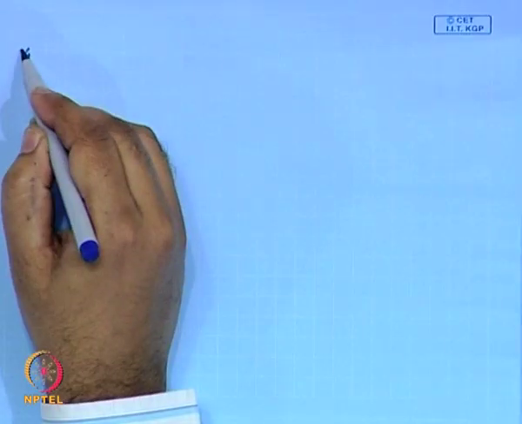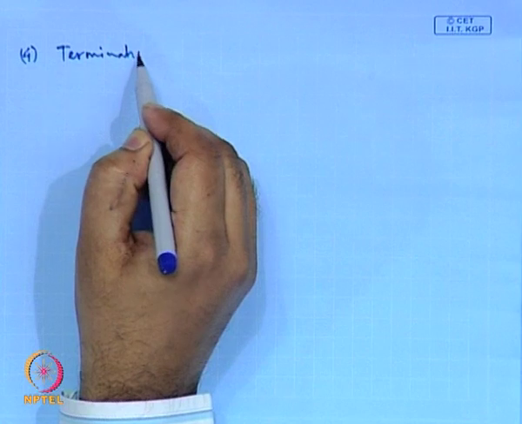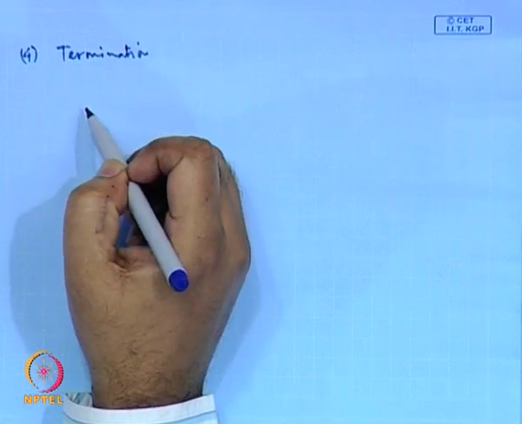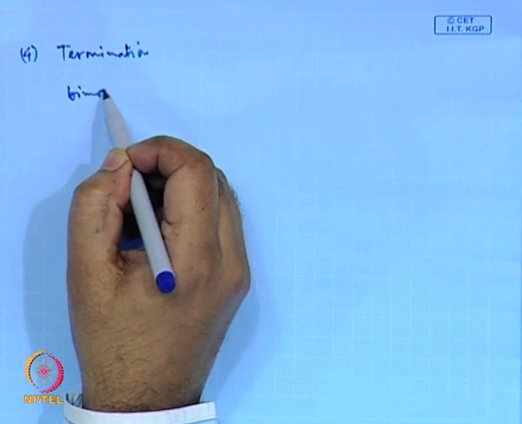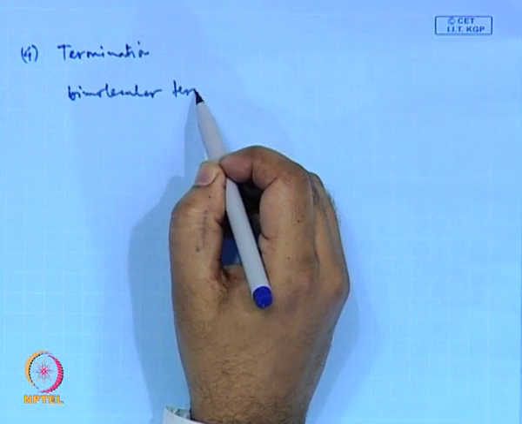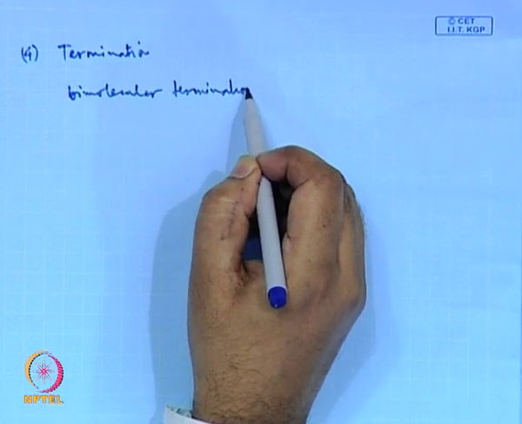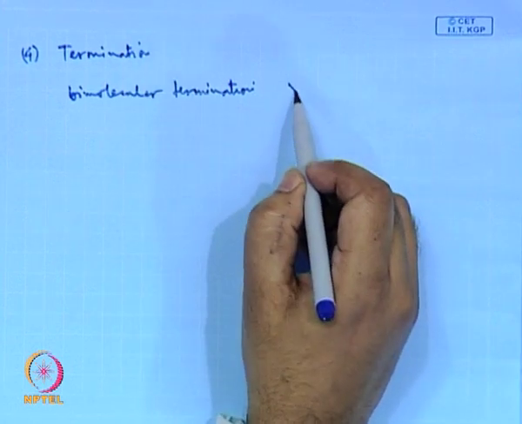And as I said earlier, the fourth is the termination reactions. Bimolecular termination by reaction of two propagating species is not possible.